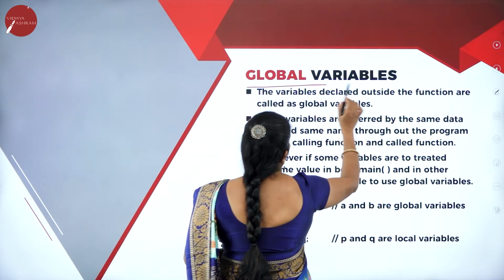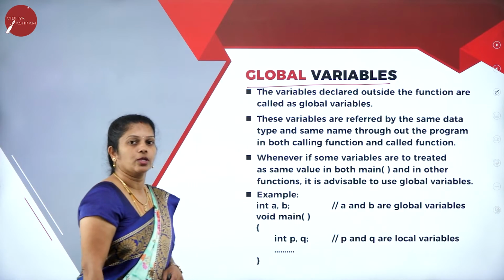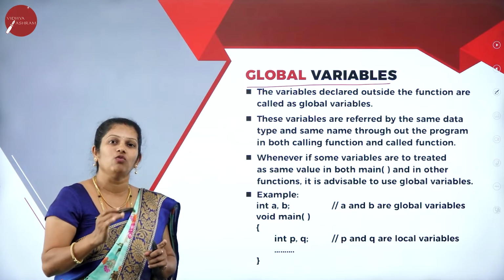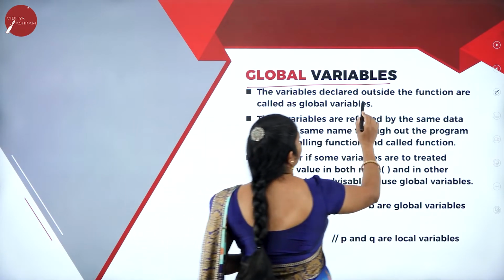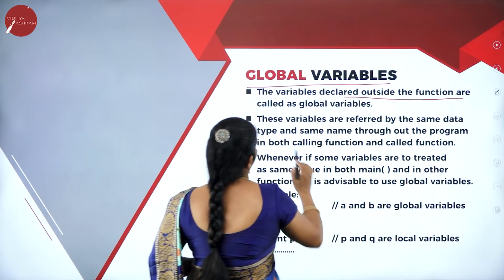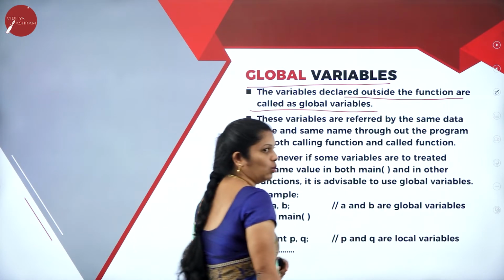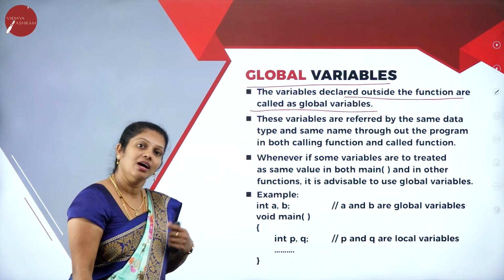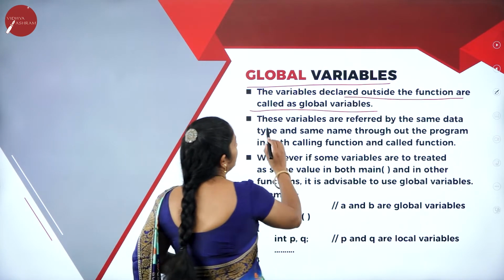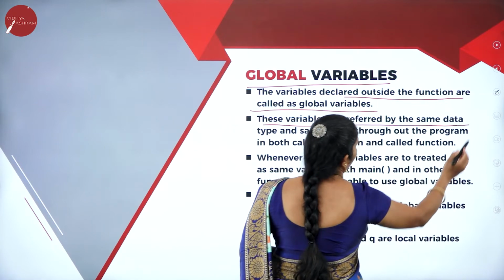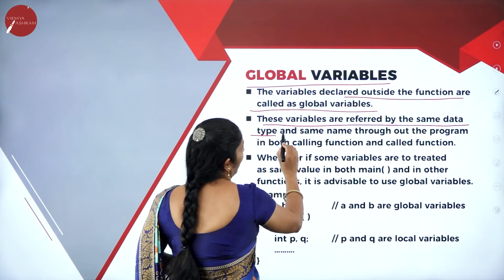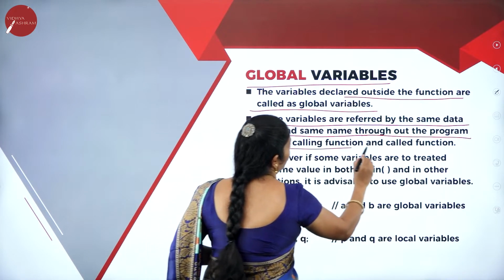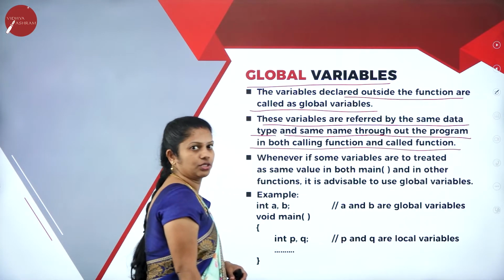Next, we'll move on to global variables. As I already told you, a global variable will work anywhere in the program, not only within a block. The variables declared outside the function are called global variables. They are not declared inside the function, they are declared outside the function. These variables are referred to by the same data type and same name throughout the program, in both the calling function and the called function.